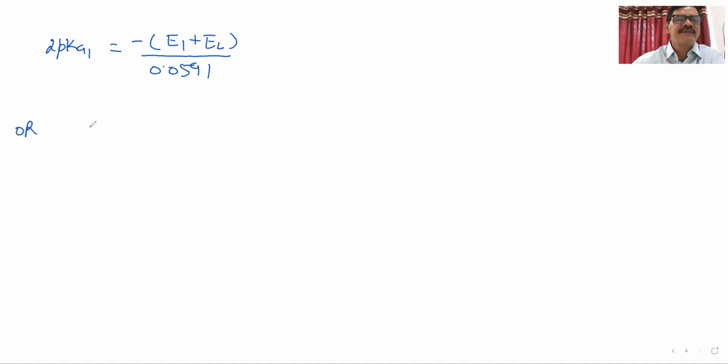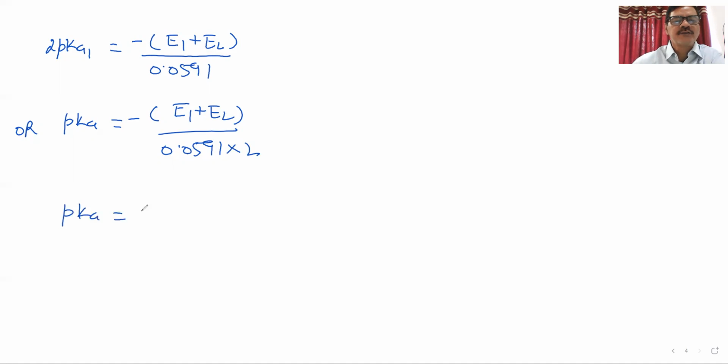Or we can write it as pK1 will be equal to negative E1 plus E2 divided by 0.0591 into 2. So pK will become equal to negative E1 plus E2 divided by 0.118. So this is the final solution for that relation.